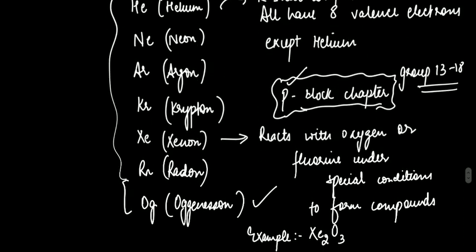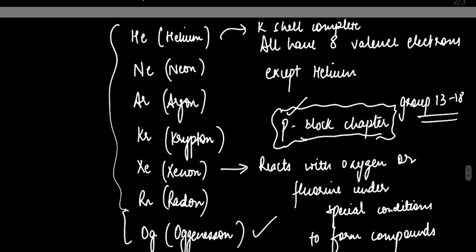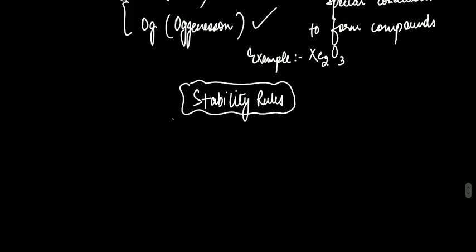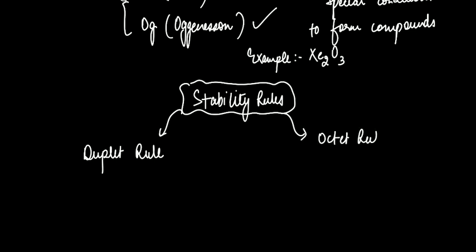So these noble gases, at least what we are going to discuss in today's lecture, are helium, neon, argon. We are not going to discuss krypton, xenon, radon over here. So in stability rules, we have the duplet rule and the octet rule.